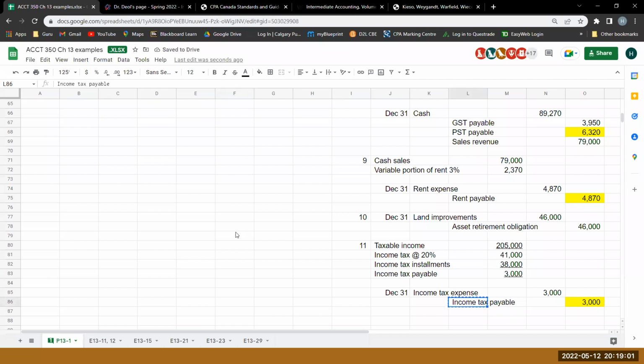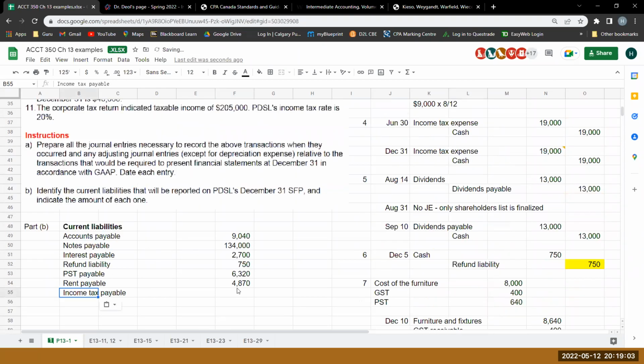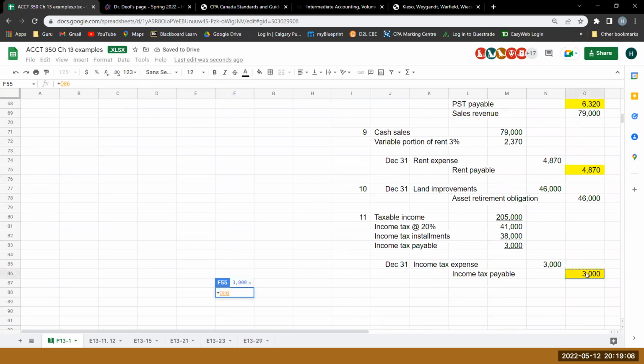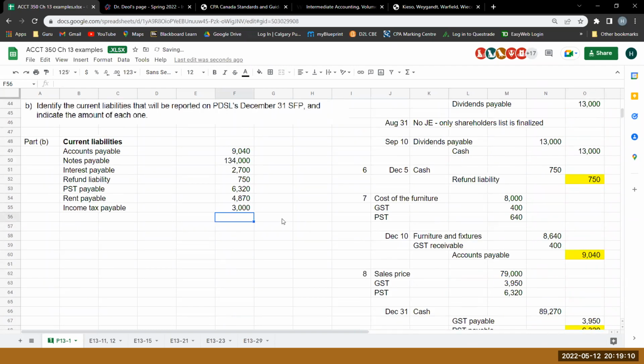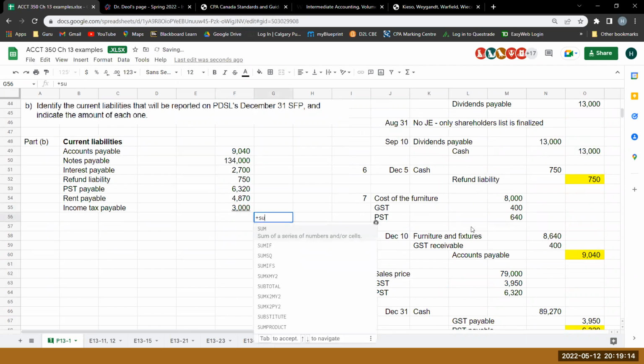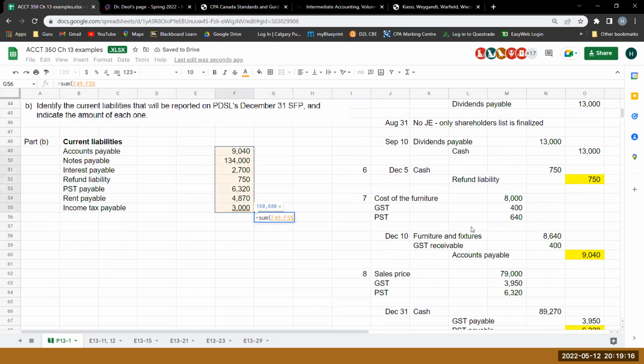And I've got an income tax payable, and that is $3,000. So my total current liabilities is $160,680.